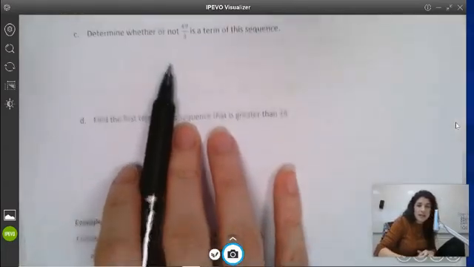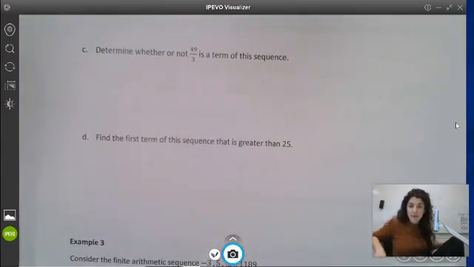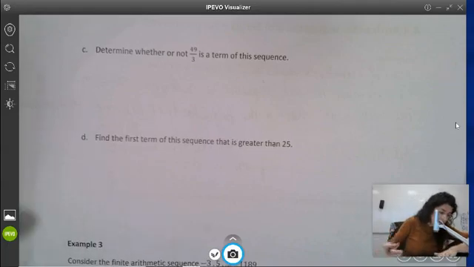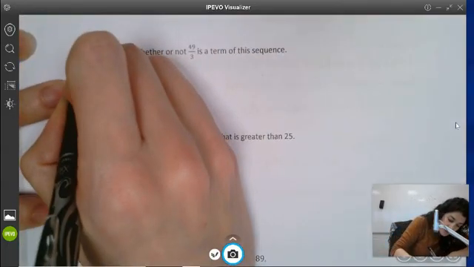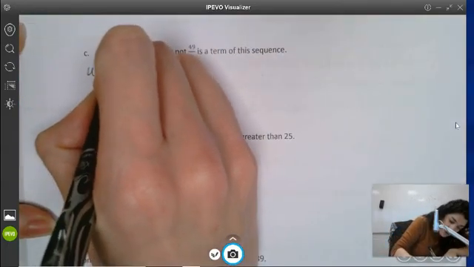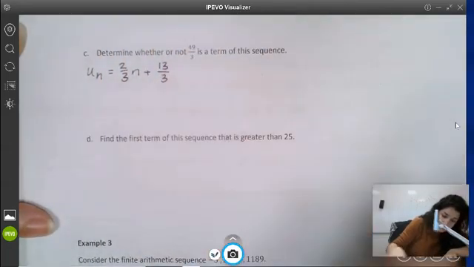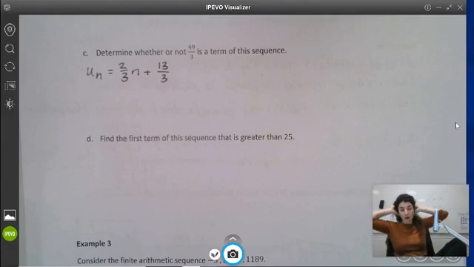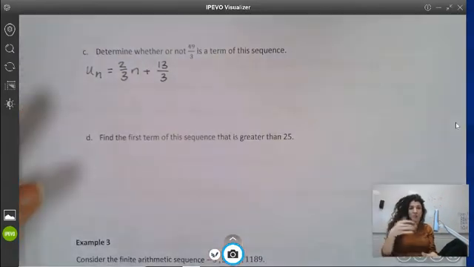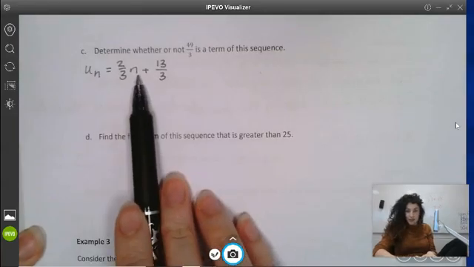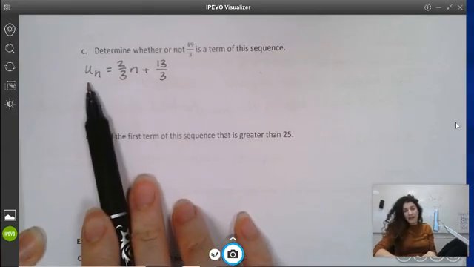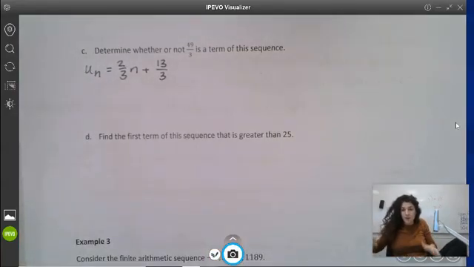So when it asks, is 49/3 a term of the sequence, we've just created an equation for this sequence. U sub n equals 2/3 n plus 13/3. If we want to know if 49/3 is one of the terms, n is the term number, U sub n is the term.